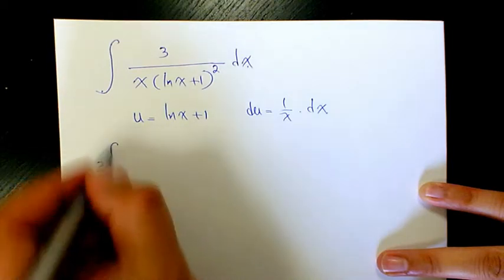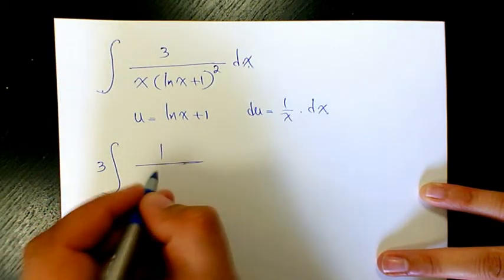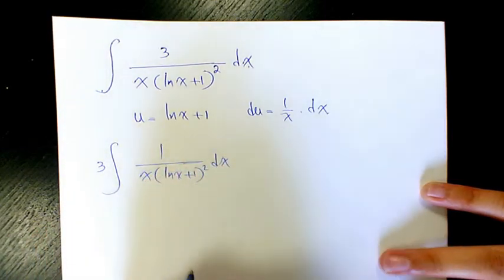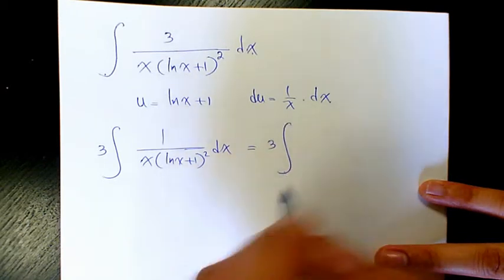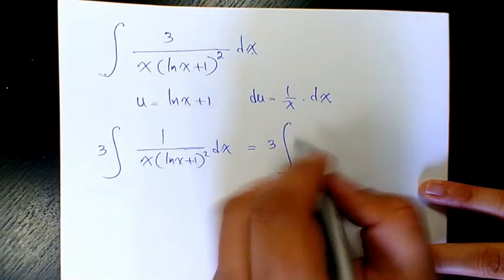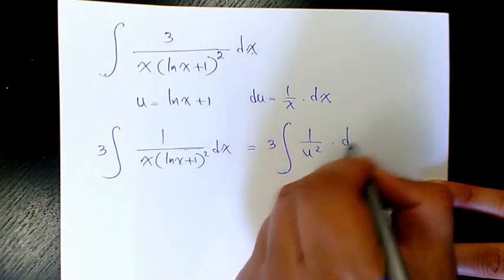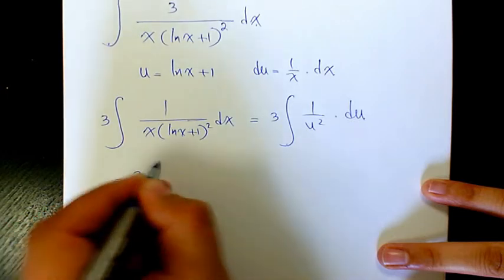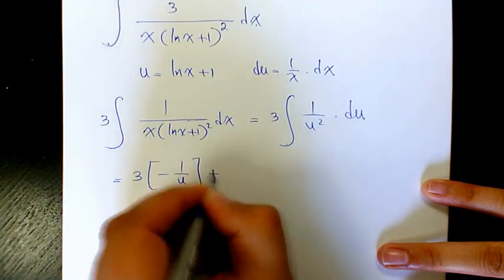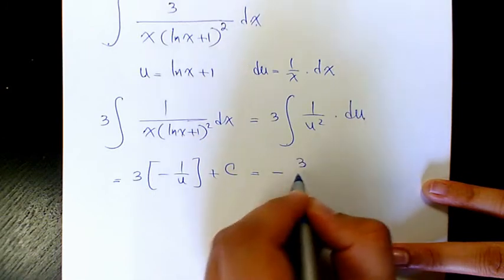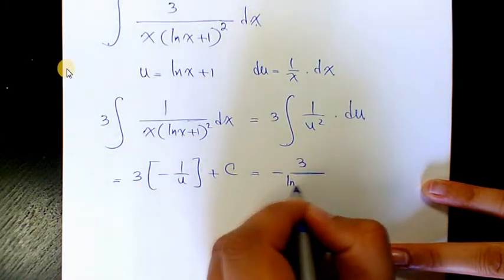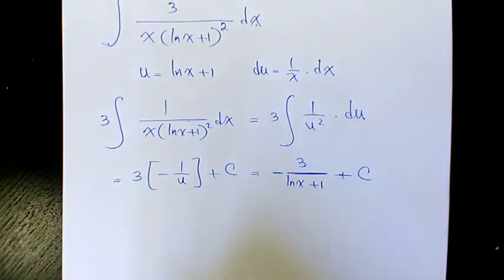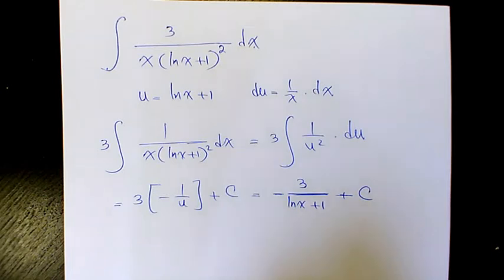So we have 3 times 1 over x times (ln x plus 1) to the power of 2 dx. That's going to be 3 times 1 over u squared times du, which is going to be 3 times negative 1 over u plus c. And that's negative 3 over u. u is ln x plus 1, plus a constant number. So that's the final answer.